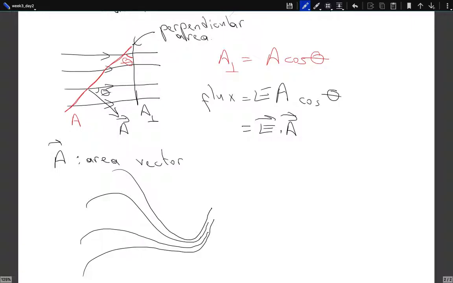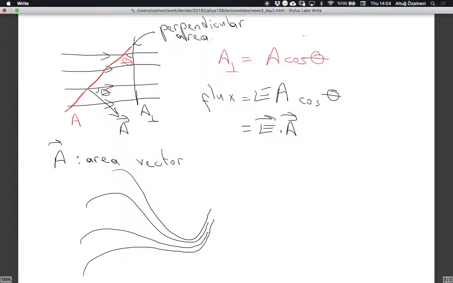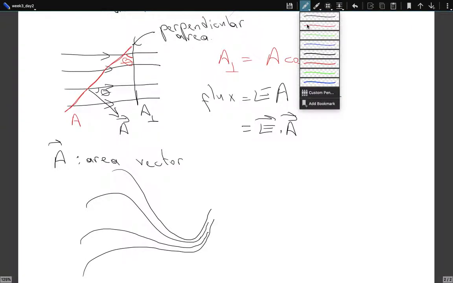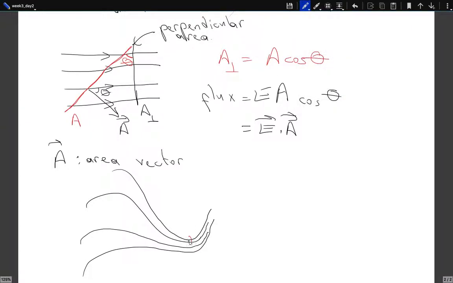They do not cross, but definitely they are not parallel to each other. They make various angles. But if you look at close by, just look at this very small region.